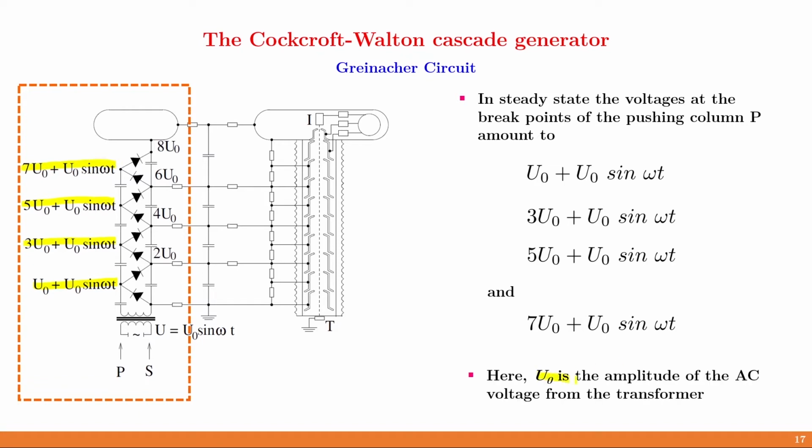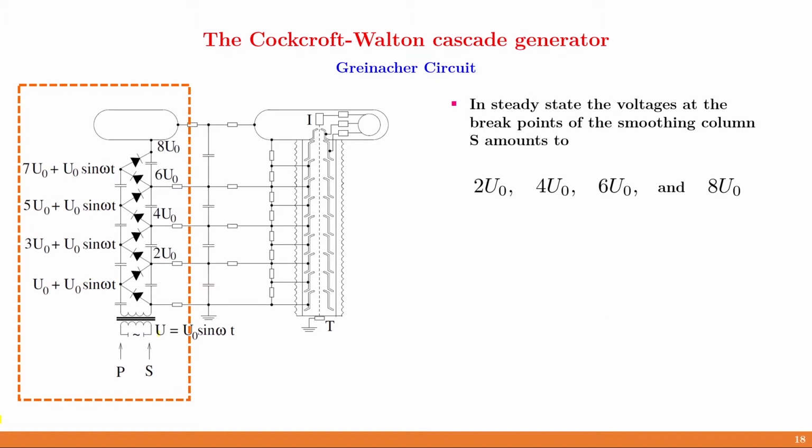Here, U0 is the amplitude of the AC voltage from the transformer. In steady state, the voltages at the breakpoints of the smoothing column S amount to 2U0, 4U0, 6U0, and 8U0. With n such stages, high voltages of 2nU0 can be achieved.